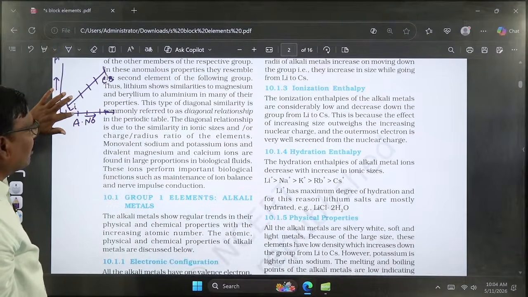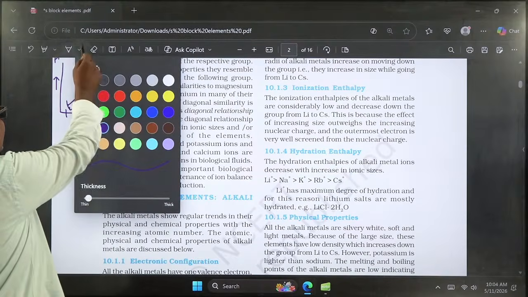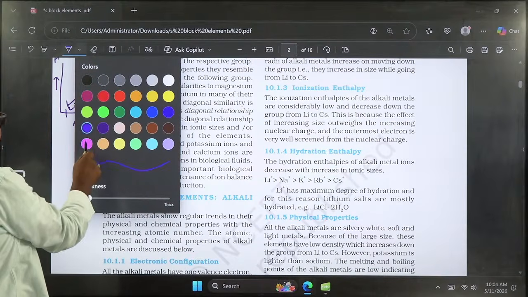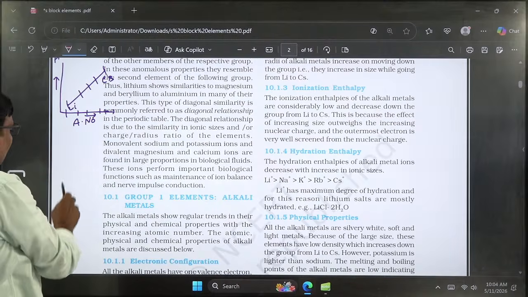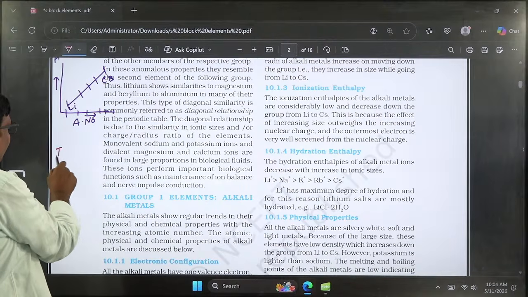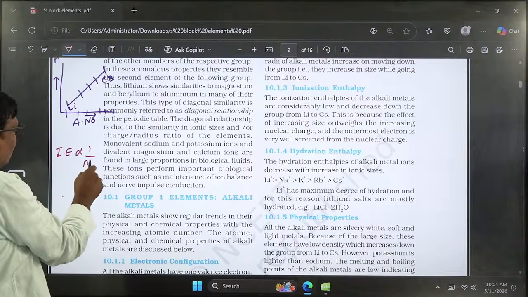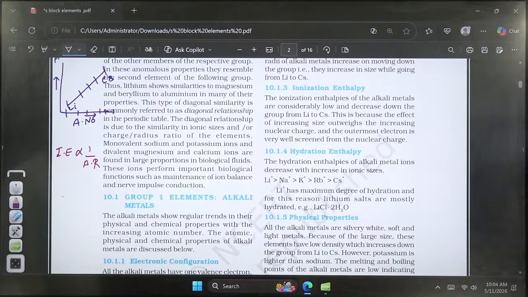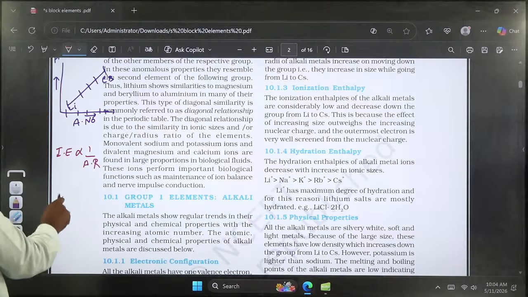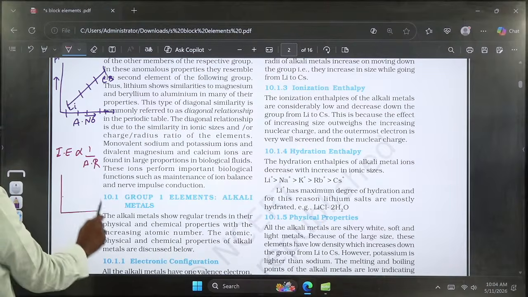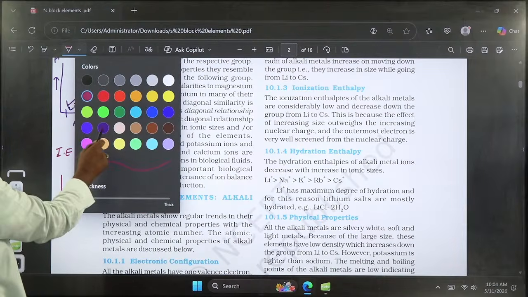Coming to the second point, that is ionization enthalpy. We know that ionization enthalpy and atomic radius are inversely proportional. With increase in atomic radius, removal of electron will be easier. So that graph will completely reverse to the previous one.